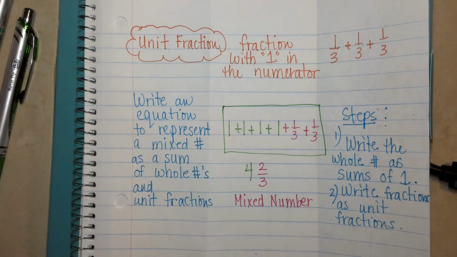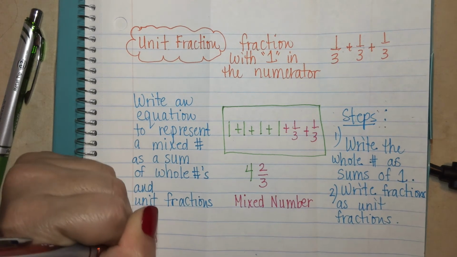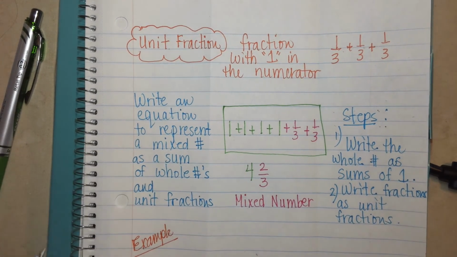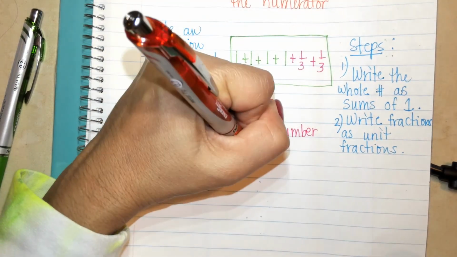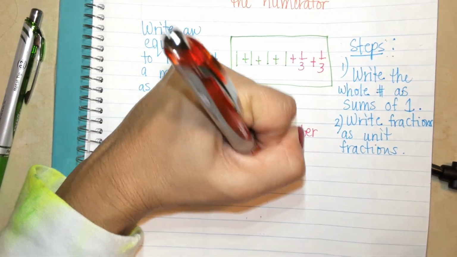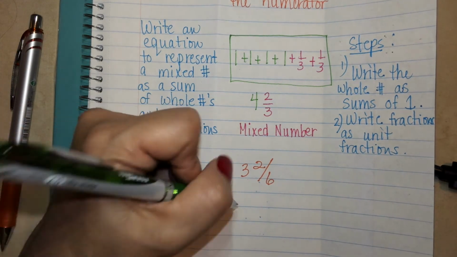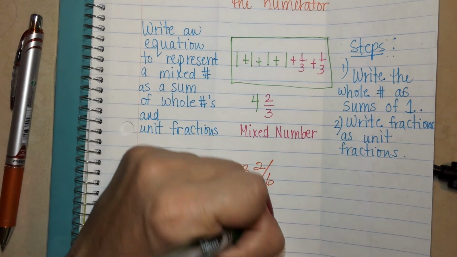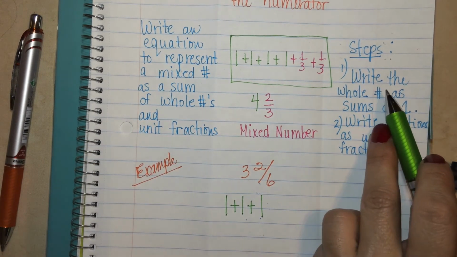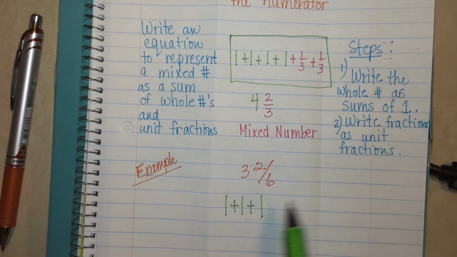Okay, let's end it with an example. You've got the number 3 2/6. So what you do is you write 1 plus 1 plus 1, and that's writing the whole number as a sum of 1.